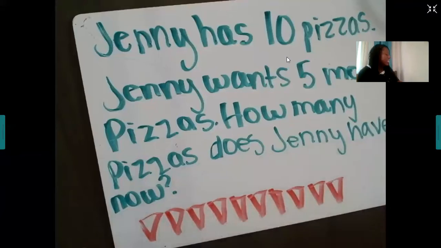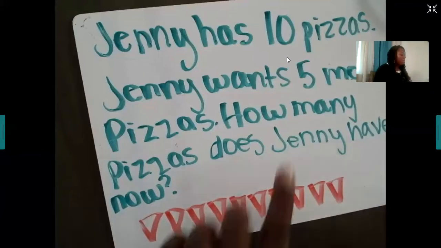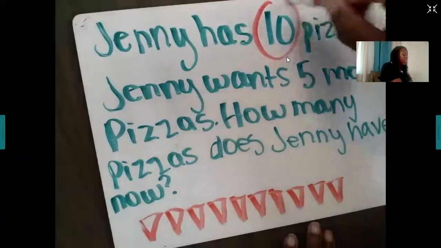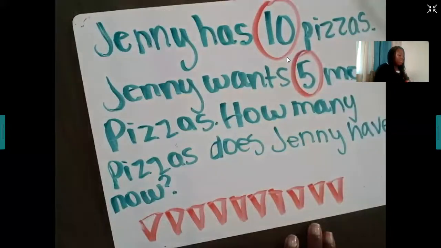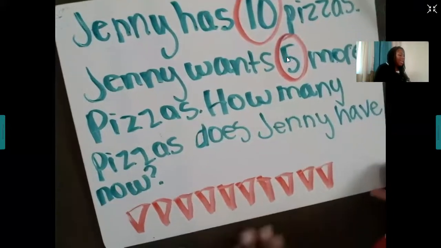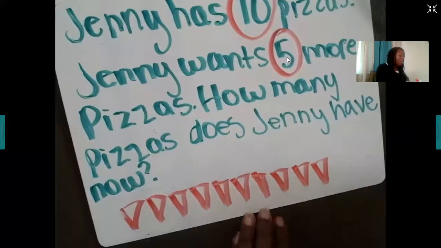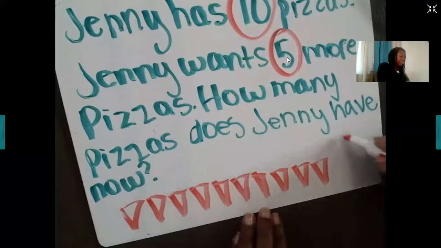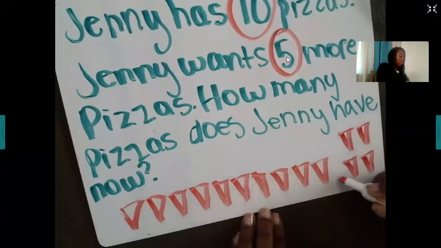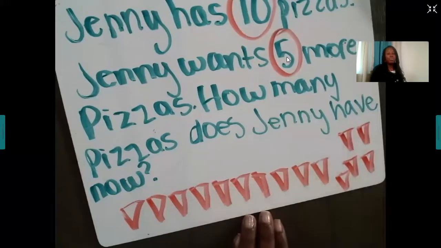Those are Jenny's 10 pizzas. But remember, Jenny wants 5 more pizzas because she's going to have friends over. So I'm going to go ahead and give Jenny 5 more pizzas. 1, 2, 3, 4, 5.